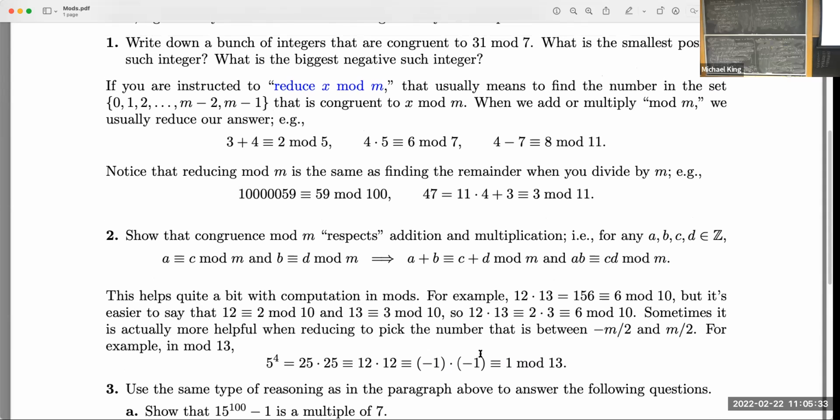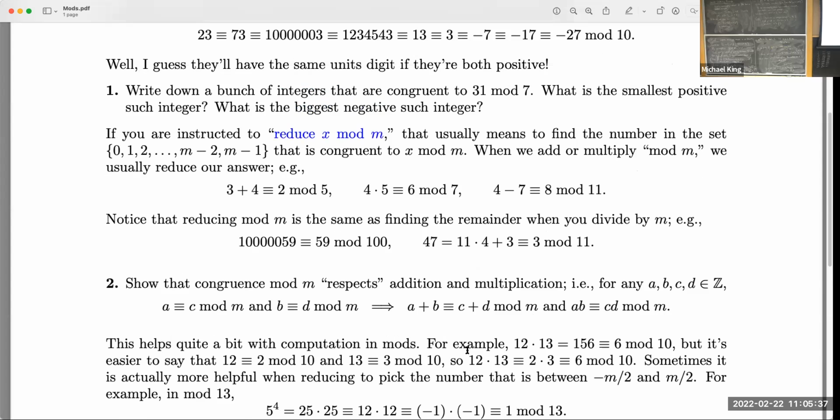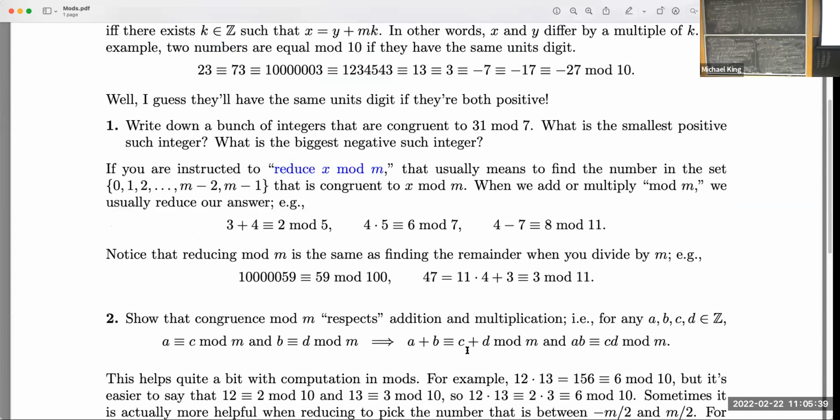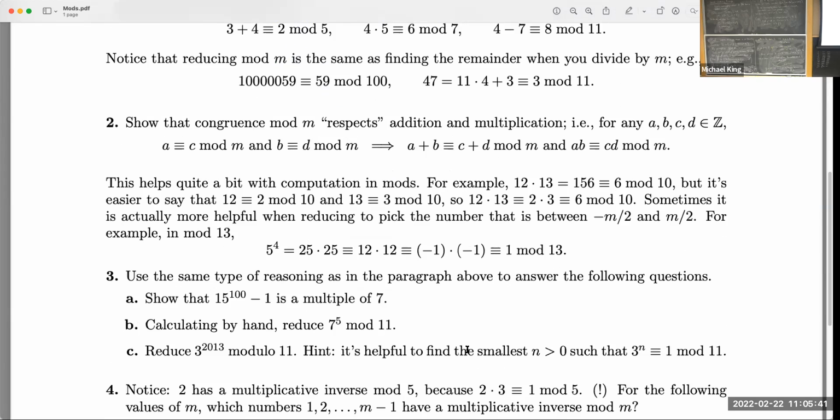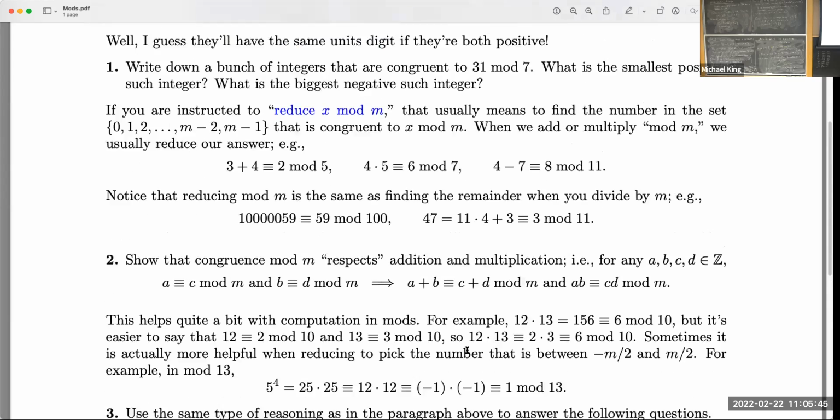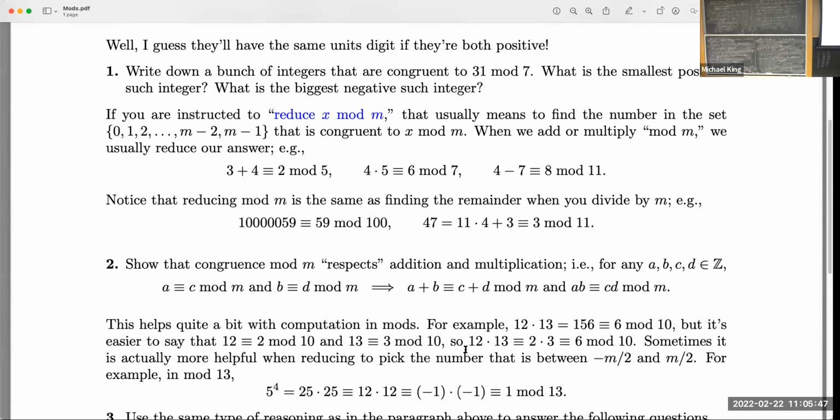I feel like you guys are just staring at me and I should probably let you work in groups on this. Just practice yourselves. So let's go into groups for the last 20 minutes or so. Like I said, do number 1 just to get used to what something is mod 7.